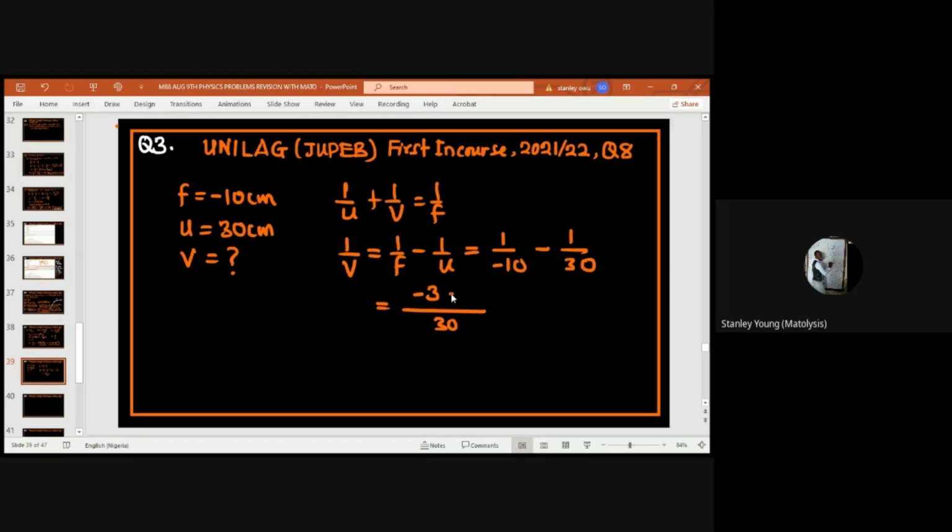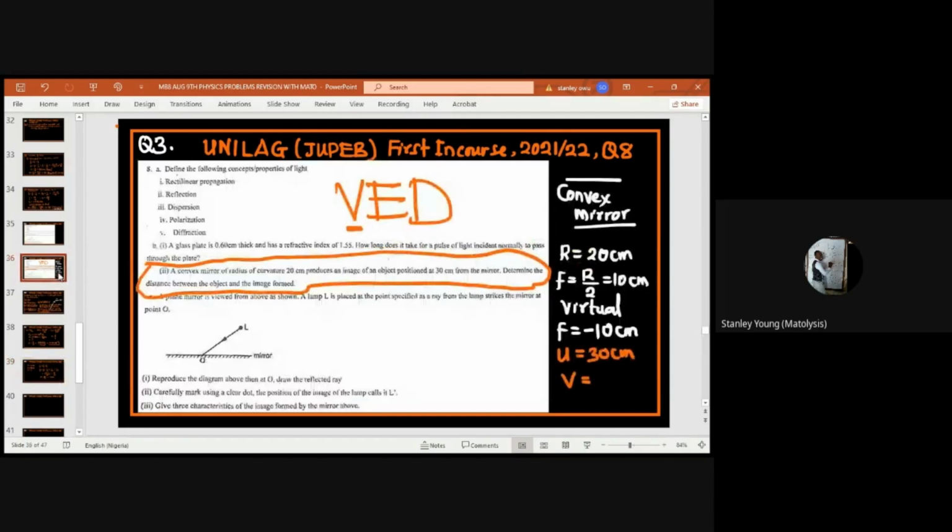Then minus 30 in 30 is 1 times 1, 1. So this is negative 4 over 30, which implies that V is 30 over negative 4. That's negative 7.5 centimeter. Is that the final result? No. The question needs the distance between the object and the image, and that's what we have to give.